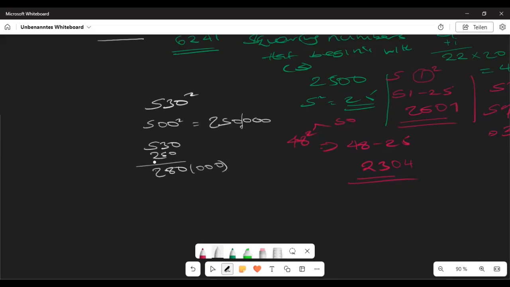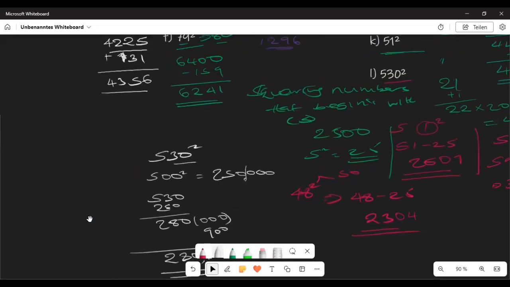Then the second part of the answer is going to be the difference, that's 30 squared. We know that's 900. So in a quick way, we can easily say 530 squared is 280,900. That's our answer.